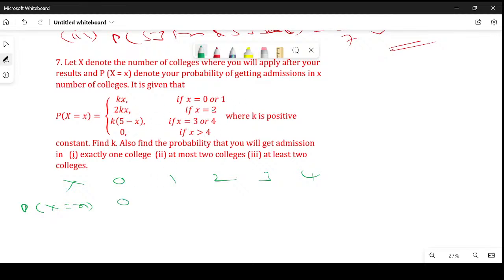When it is 1, this will be k. When it is 2, it will be 4k. When it is 3, 5 minus 3 is 2, it will be 2k. When it is 4, this will be k. Like that you can substitute the values.